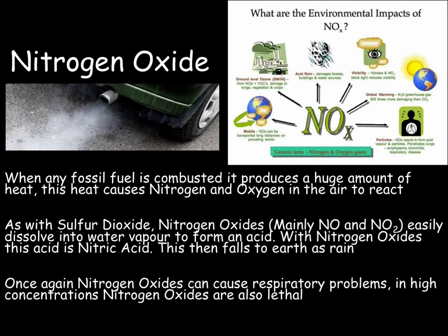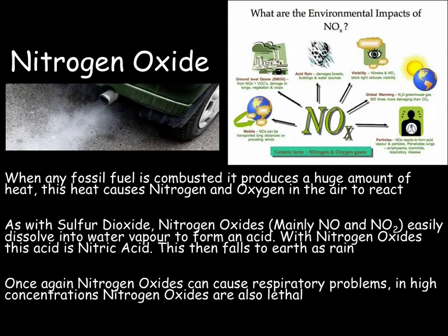Another byproduct is nitrogen oxides. This happens because when any fossil fuel is combusted, it produces a large amount of heat. This heat is enough to cause the nitrogen and oxygen in the air to react. Remembering back to the previous video, 78% of the atmosphere is nitrogen and 21% is oxygen.